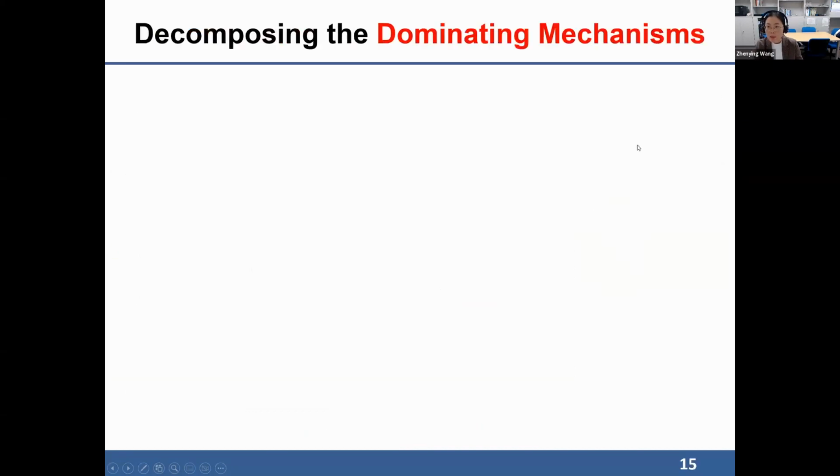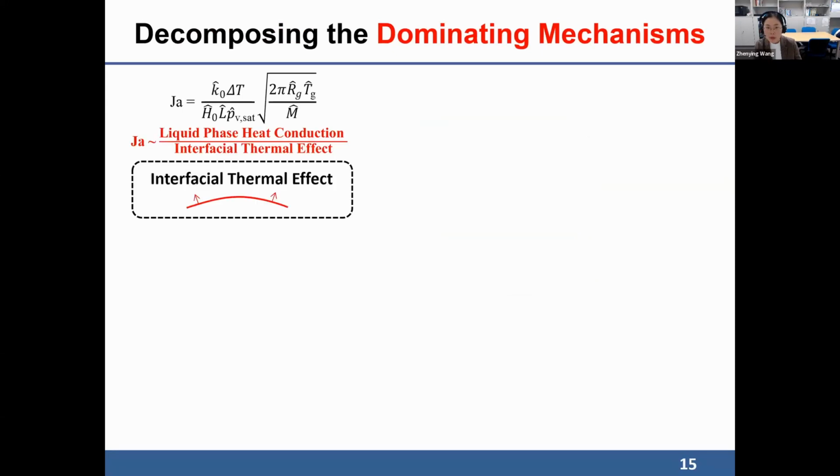To give a summary of the dominating mechanisms, based on our mathematical model, the flow field inside the droplet can be explained by three dimensionless numbers. One is the Jacob number, which can be regarded as the strength of the interfacial thermal effect, that is, how much heat is taken away from the droplet surface.